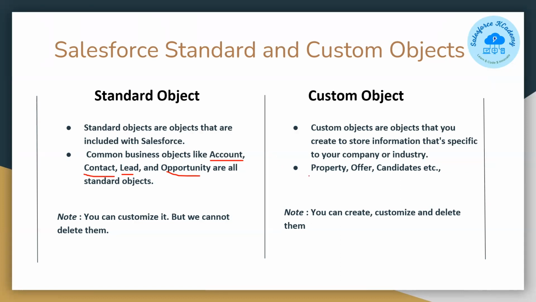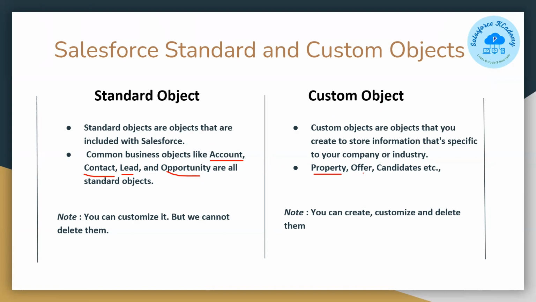And there is another concept of custom object. If you think that the existing account, contact, lead, opportunity and other standard objects are not going to fulfill your business requirement, then you can create a custom object. If you are a real estate agent, then you can create a property object in your application.